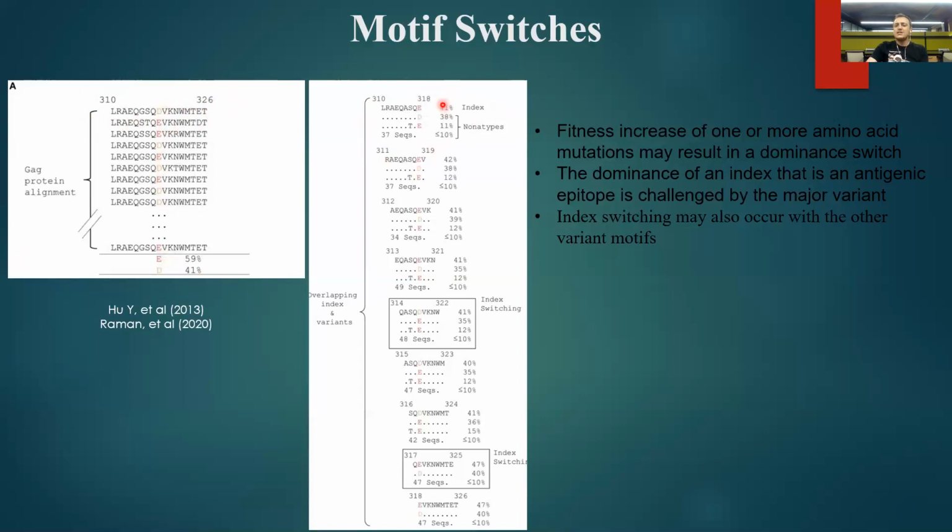As you can see in here, the chimer starting with LR, leucine and arginine, and ending with a glutamic acid, E, has the highest frequency and is identified as index. It has the frequency of 41%, while the one ending with D, aspartic acid, is the major variant with an incidence of 38%. And the dots in here represent the identical amino acids.